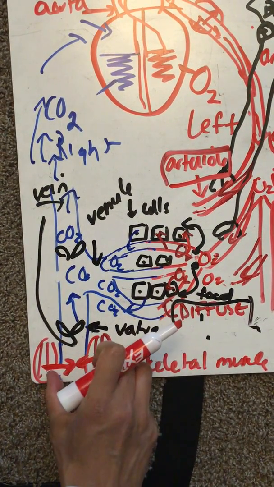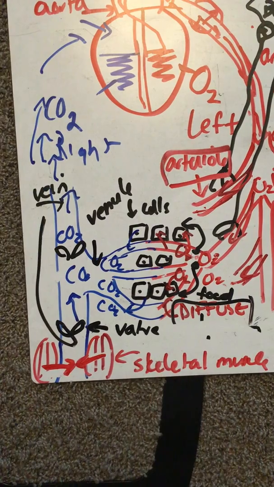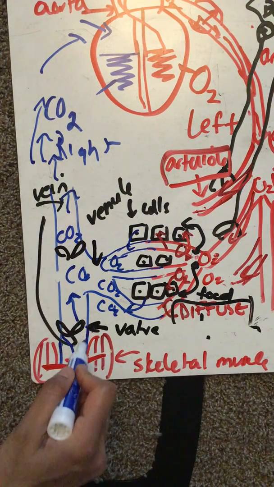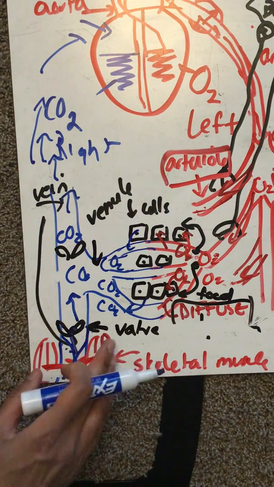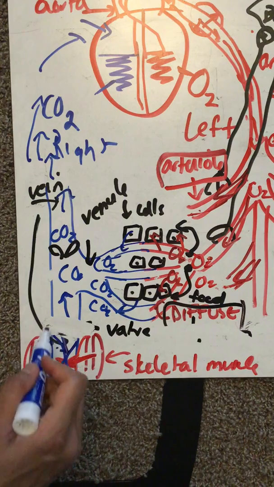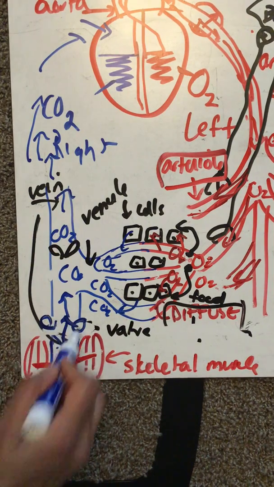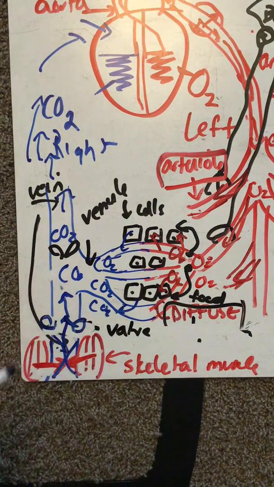And when these skeletal muscles squeeze the vein, right, when you squeeze the vein like that, it causes the blood to move forward, right? It causes these valves to open. So now the valve is open, and then the blood pushes up, okay?